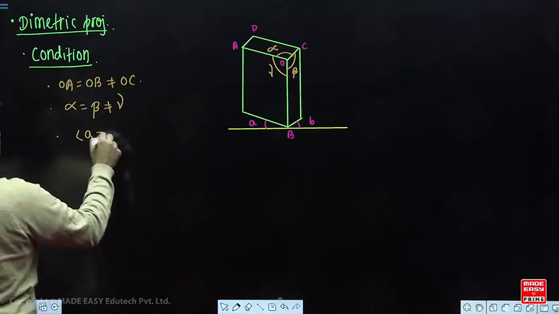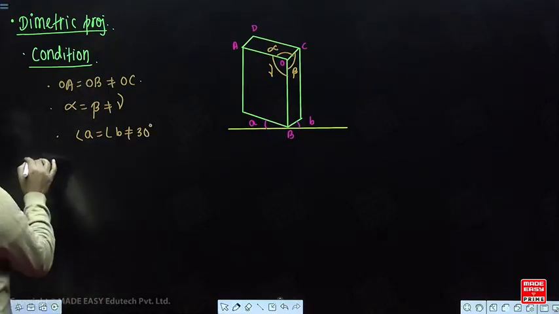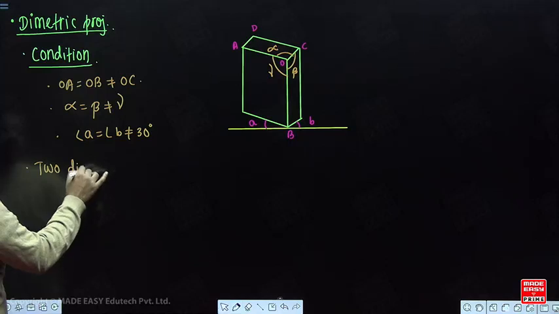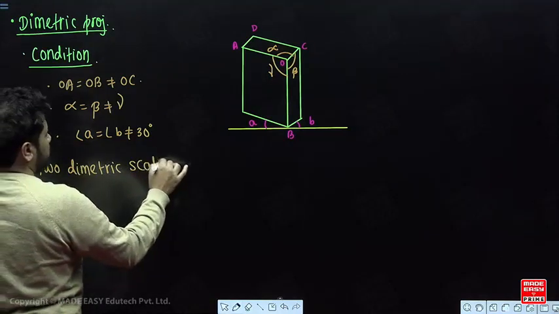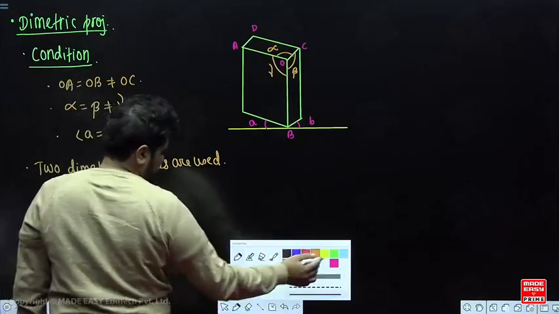Angle A will be equal to angle B, but it is not equal to 30 degrees, right? Second point, two diametric scales are used. These are the two things that you have to remember.